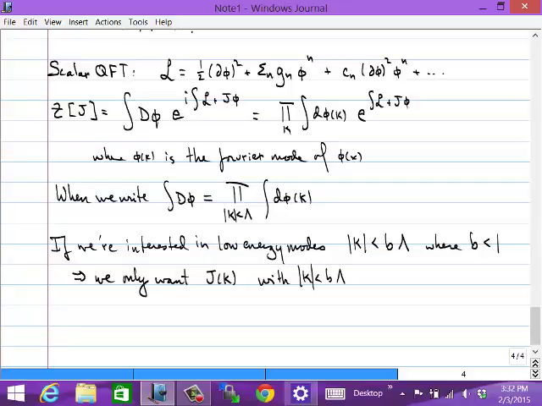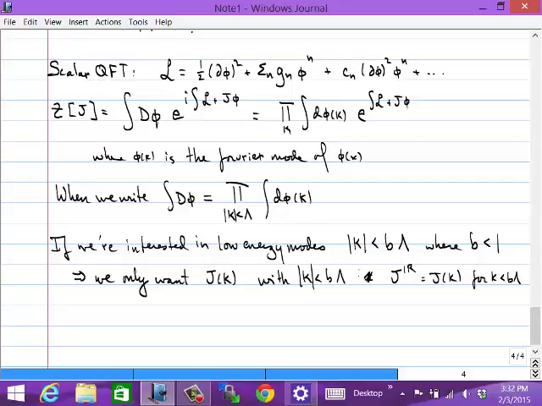So we could just be a little sloppy and call this J IR, where IR stands for infrared or low energy. So J IR will be equal to J of k for k less than b lambda.